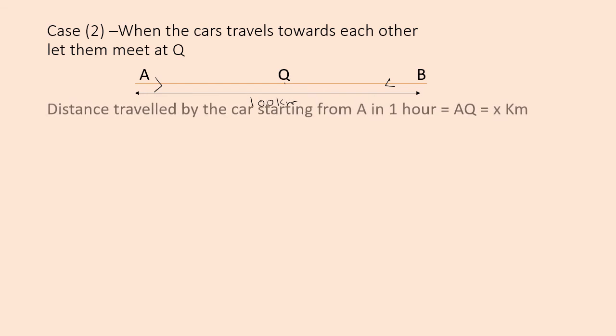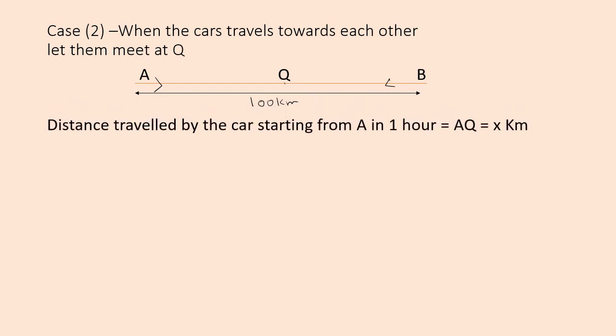Now, the distance travelled by the car starting from A in 1 hour, AQ, equals speed multiplied by time. Here the time taken is 1 hour and the speed is x kilometers per hour. So AQ equals 1 multiplied by x, that is x kilometers.